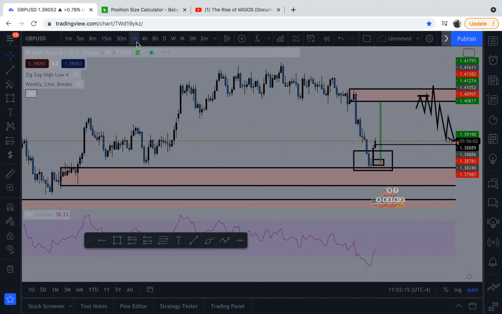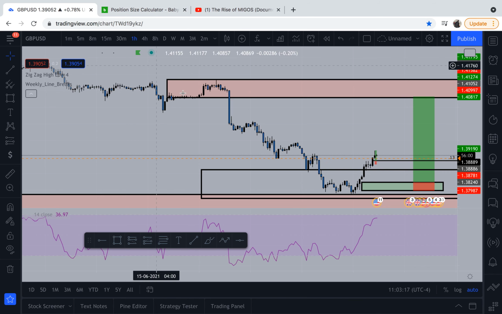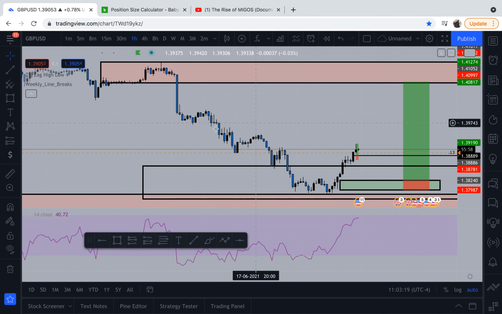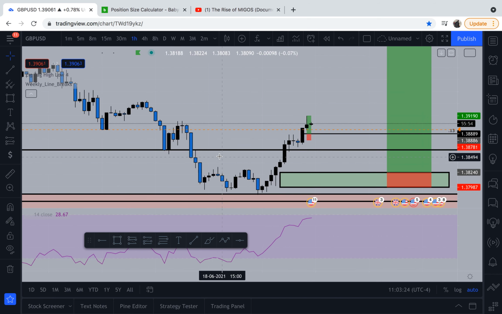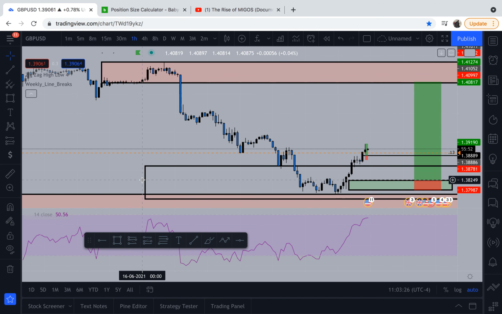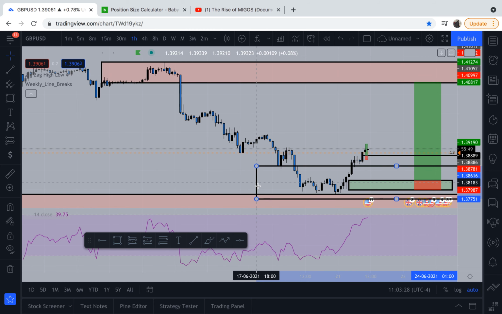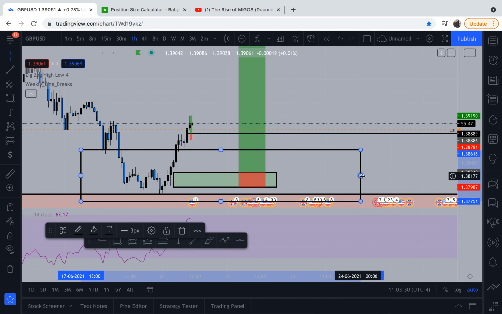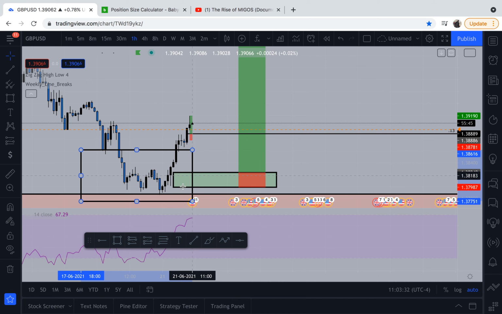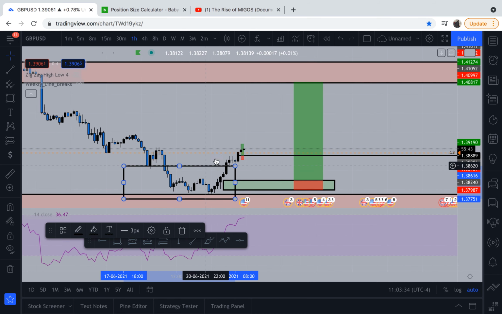So now I'm going to zoom in on the 1 hour and 30 minute. And right off the bat, you can see Wyckoff. You see that? Same thing that I was just showing you up there. You can see it in here. I have the market pulling back here eventually.